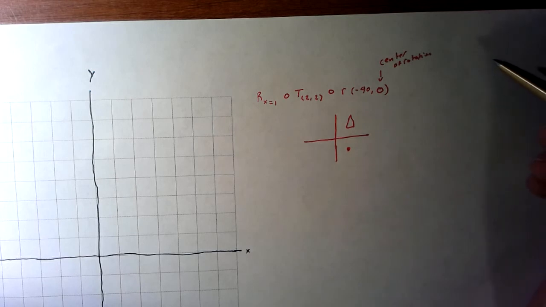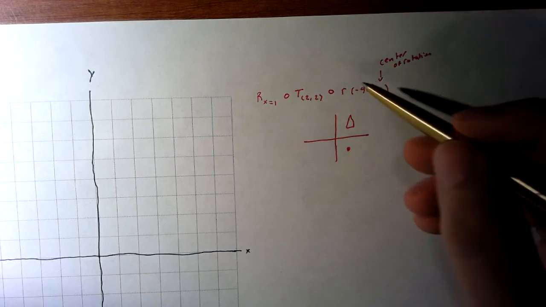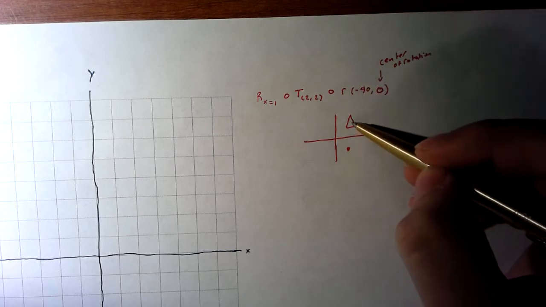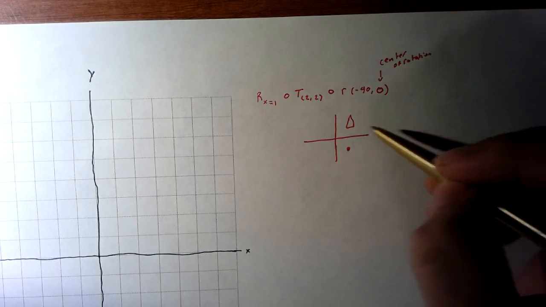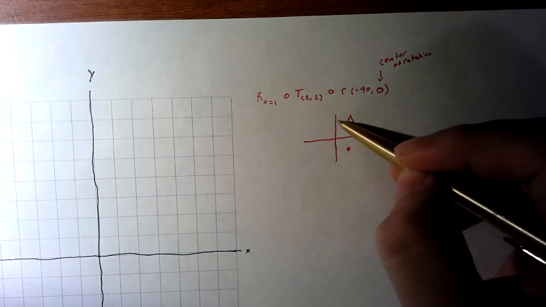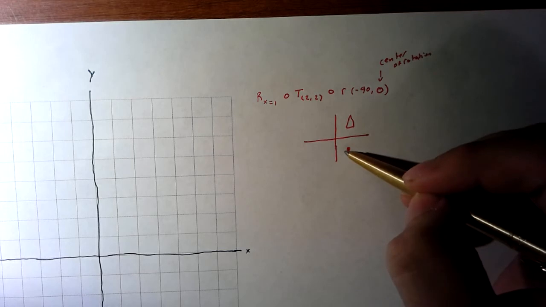The formulas in the pink post-it note indicate counterclockwise rotations. So we need to realize that moving 90 degrees clockwise is equivalent to moving 270 degrees counterclockwise.